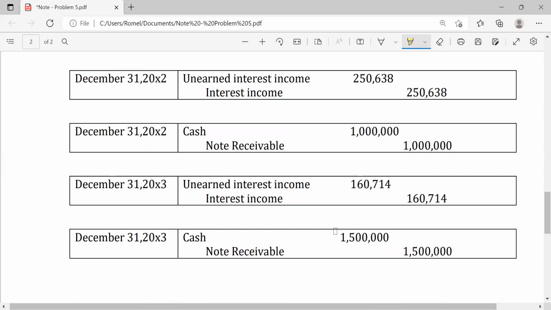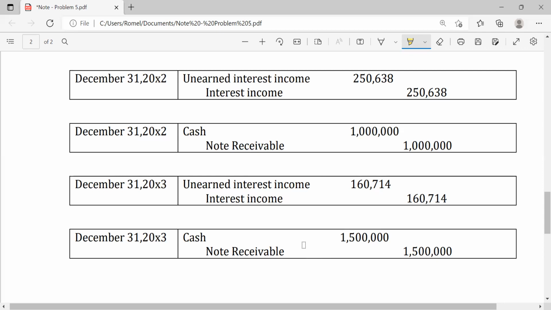And then for the last year, 20X3, again, we will recognize interest income. So we will debit unearned interest income, 160,714. Credit interest income, 160,714 pesos. And then finally, the last installment collection.